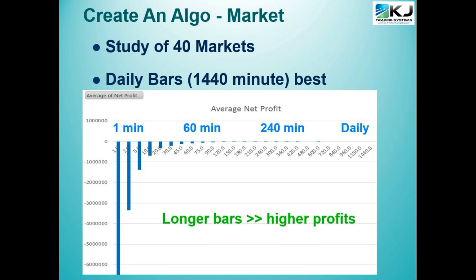When you get to really small bar sizes, the trading costs eat you alive. So a lot of times it's good to go with longer term bars, and then you don't make as many trades and your trading costs go down. So for this algo, we're going to use daily bars.